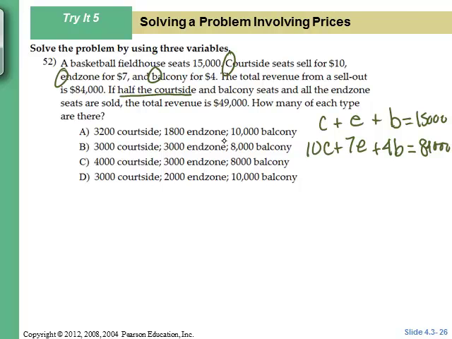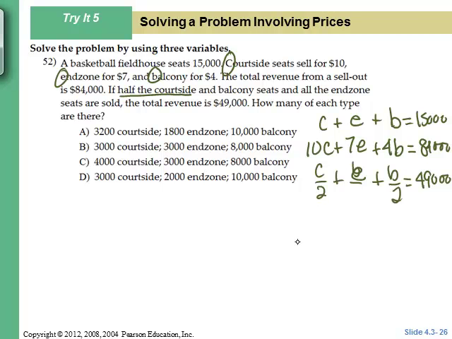And then if half the courtside seats, so courtside over 2 plus end zone plus balcony over 2 is 49,000. How many of each type are there?